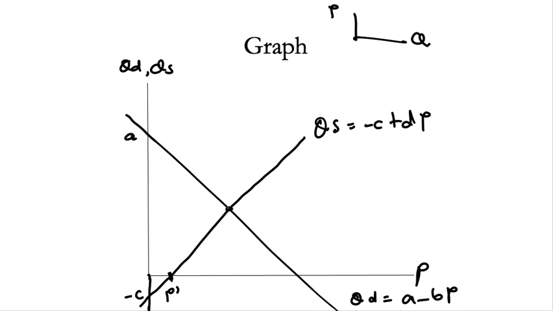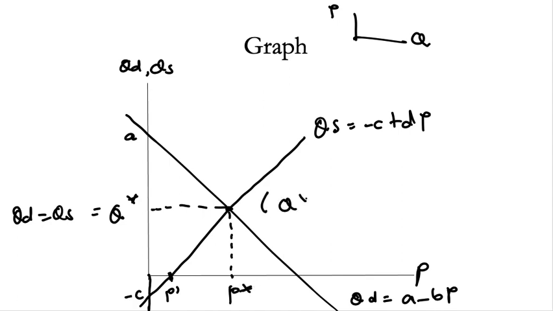Then you can get Q star to denote the equilibrium quantity, in which we have quantity demanded equals quantity supply, okay, and also the equilibrium price is here, I call it P star. So we can have here Q star and P star. That's in the form of a graph.